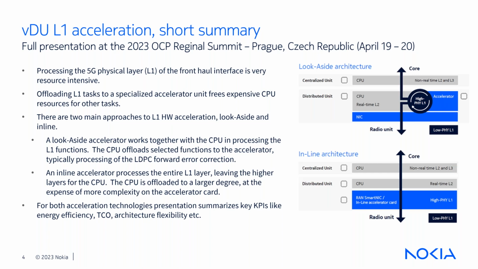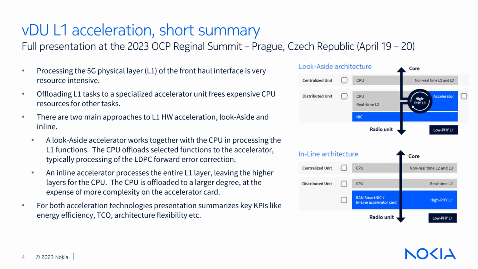You have only L2, L3 workload here, and it frees CPU capacity, or you can use a smaller core count in the CPU or do more capacity with the same CPU.